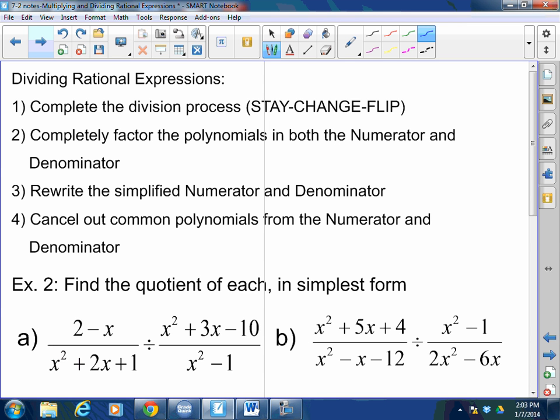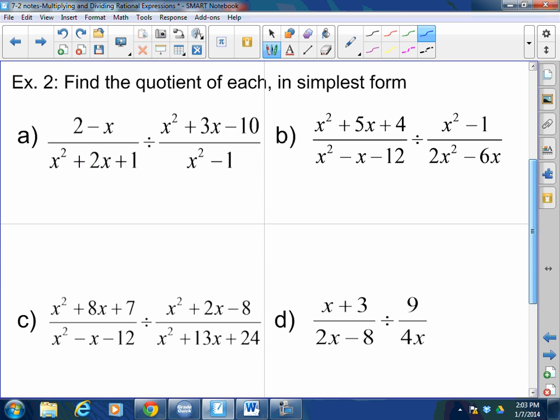You must state, change, flip first, guys. If you don't, I'm not saying you're going to get it wrong, because a lot of people like to prove me wrong, but it's a lot easier if you just stick to the procedures, please. So I'm going to stick to the procedures.